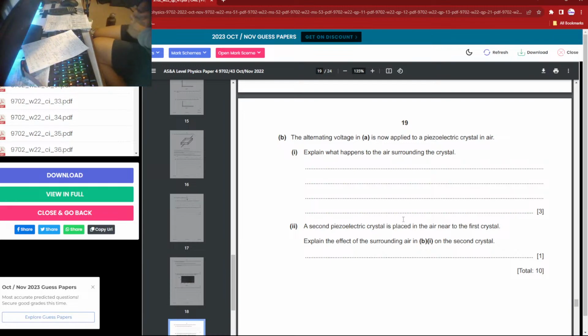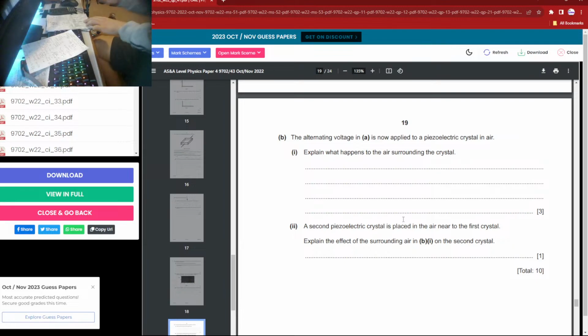Okay, next one, the alternating voltage in A is now applied to a pure piezoelectric crystal in air. Explain what happens to the air surrounding the crystal. As alternating voltage is applied to the piezoelectric crystal, the crystal starts to produce ultrasound waves. So it starts to vibrate, creating the waves. That means the air around the crystal starts to vibrate.